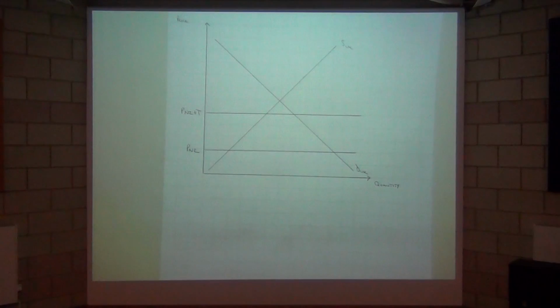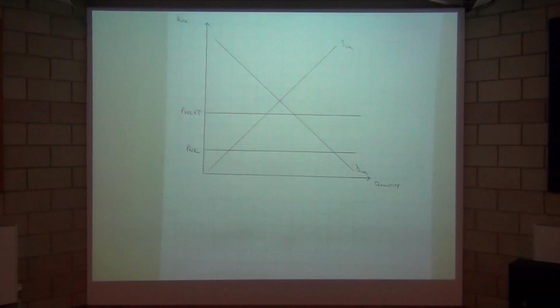The price of New Zealand lamb coming into the UK with the tariff is this price, PNZ plus T. And the distance between PNZ and PNZ plus T is the size of the tariff.